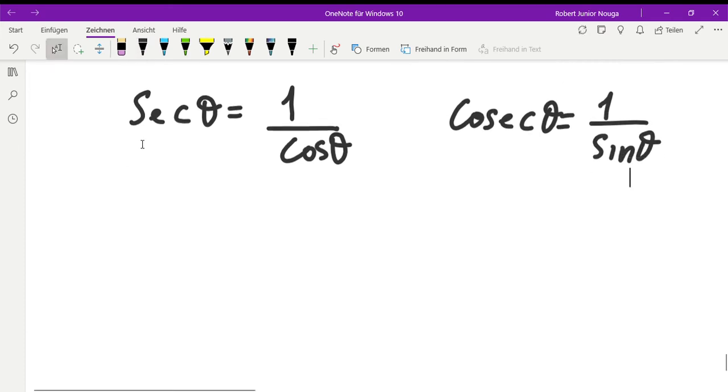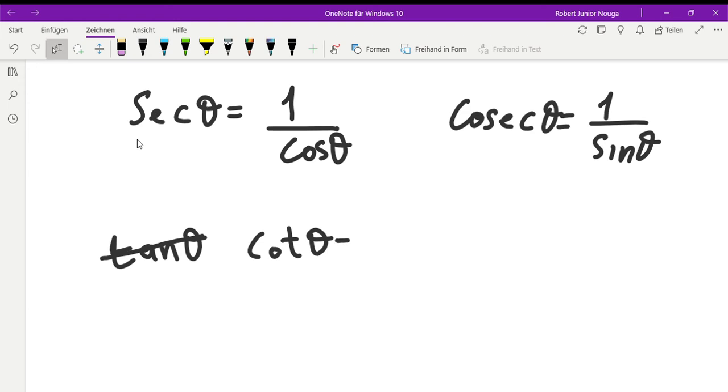And we have the cot function, and this cot function is equal to 1 all over the tangent, and it's also equal to the cosine function divided by the sine function.